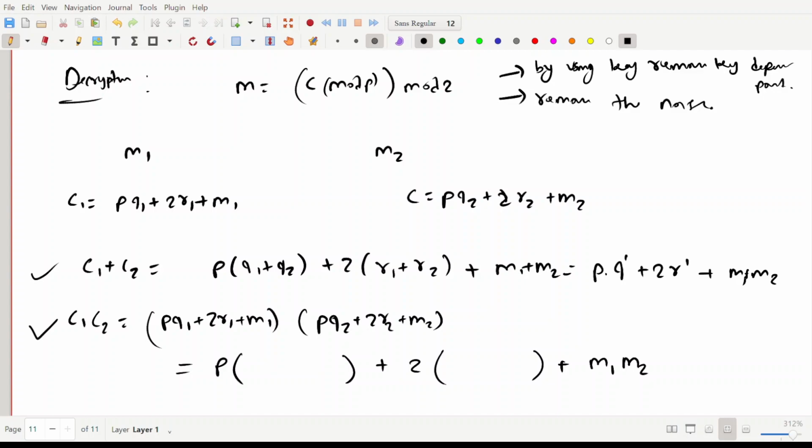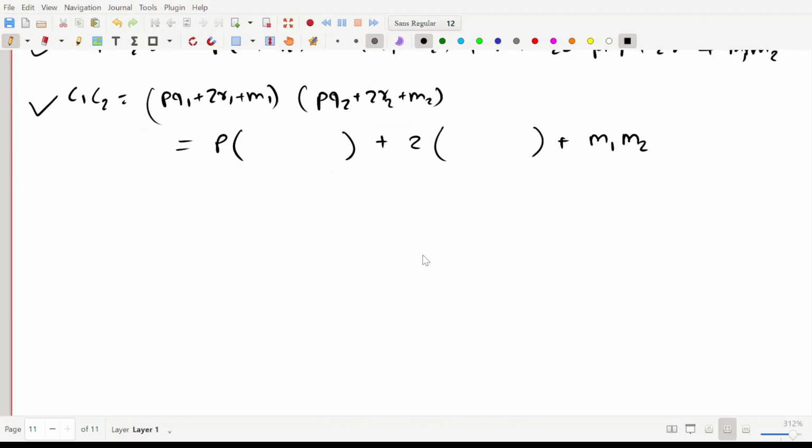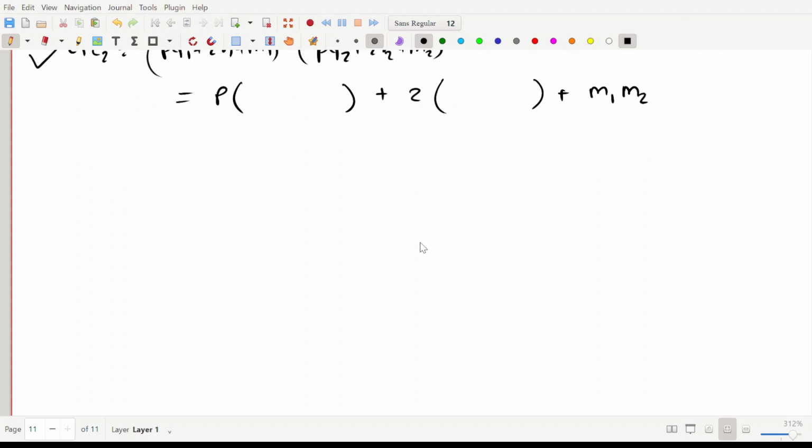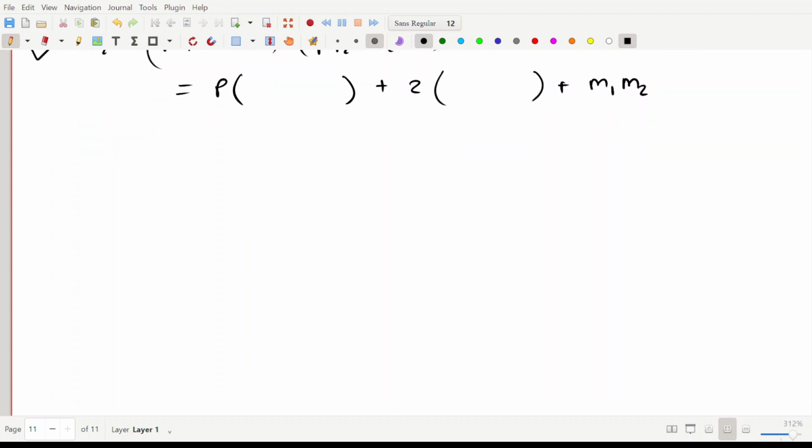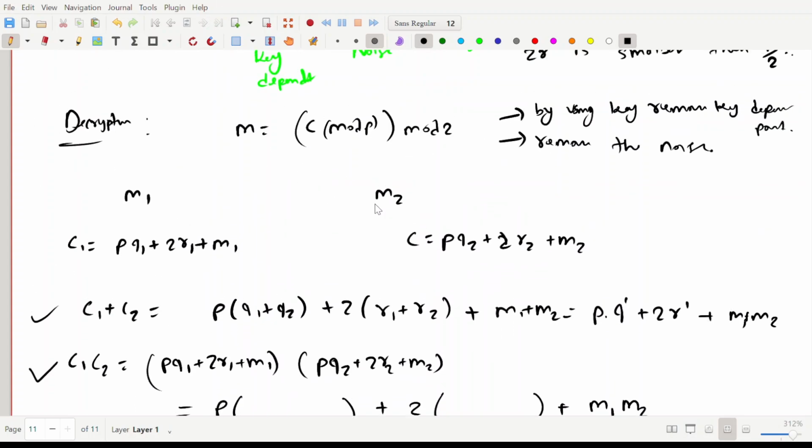Now, why this is "somewhat" homomorphic, that is the question. If you observe, there is a condition which I told you. What is your ciphertext? C is equal to PQ plus 2R plus M. I told you that your 2R part should be less than P, or I have written R is less than P by 2, whatever you say.